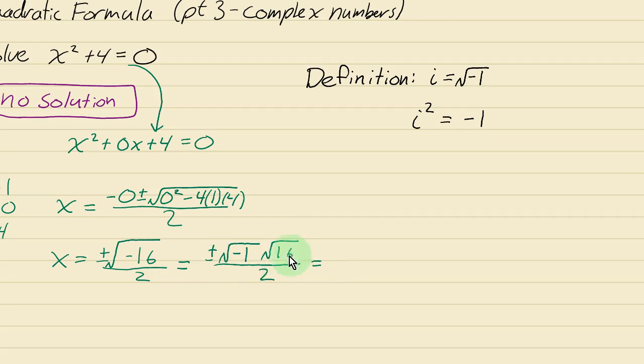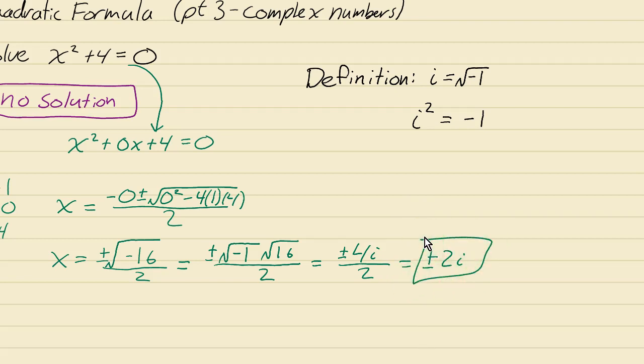The square root of 16 is 4, and the square root of negative 1 is i. You can divide that by 2, and you end up with plus or minus 2i here.